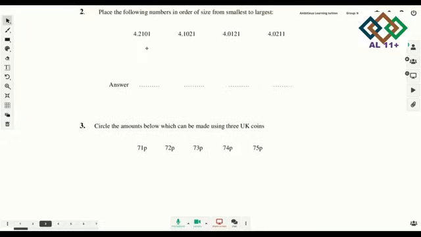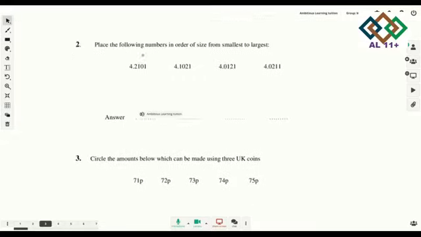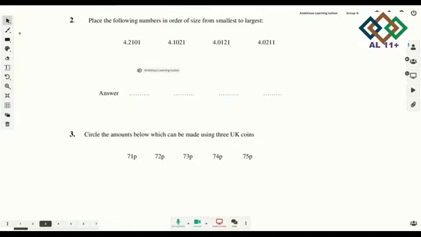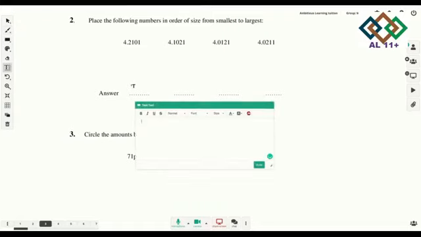The next one is you need to place the following numbers in order of size from the smallest to largest. You need to think which one is small and which one is the largest. So the answer for this one is really easy.